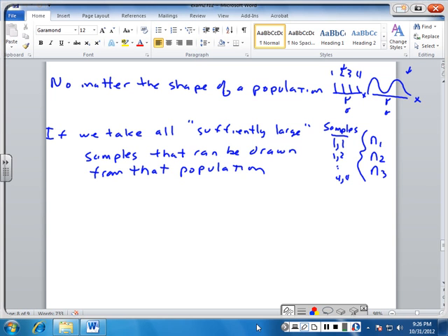But anyway, theoretically, take all possible sufficiently large samples that can be drawn from the population, then compute x bar for every one of those samples. So in this one, I had x bar of 1, 1.5 was the x bar for the second one, and then on down to an x bar equal to 4.